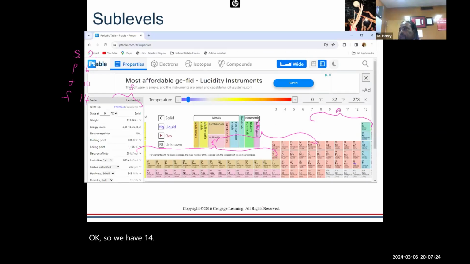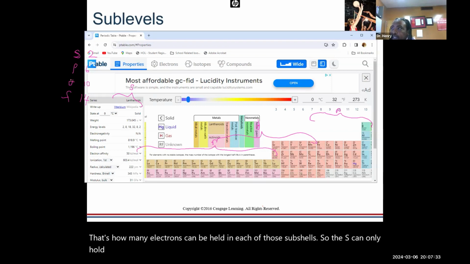So that's how many electrons can be held in each of those subshells. The S can only hold 2, the P can only hold 6, the D can hold 10, and the F can hold 14. Okay.